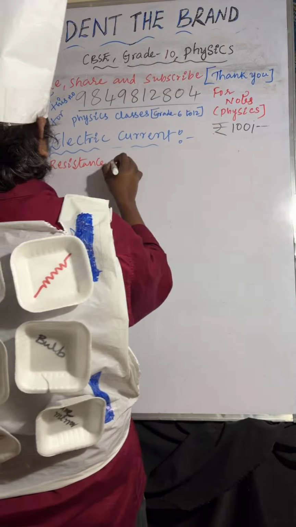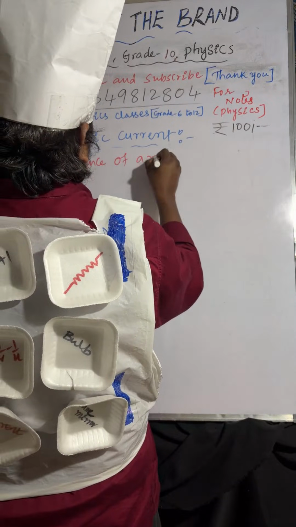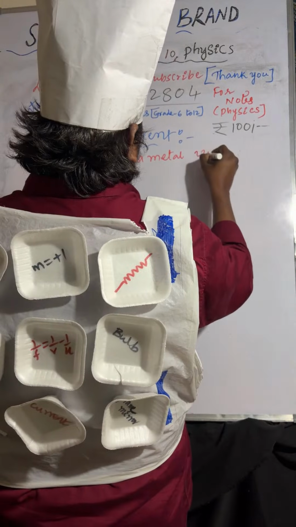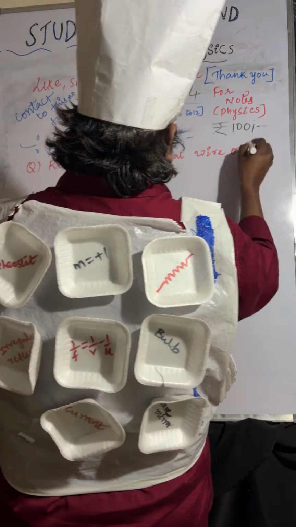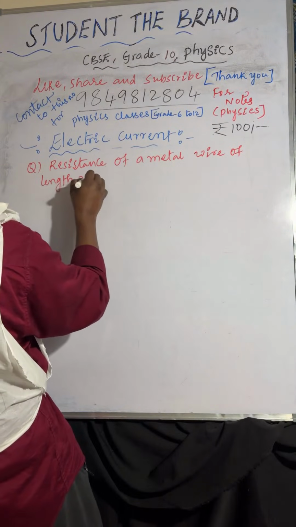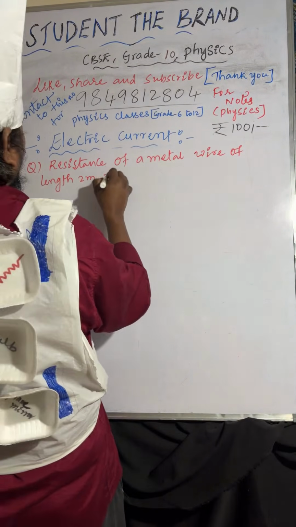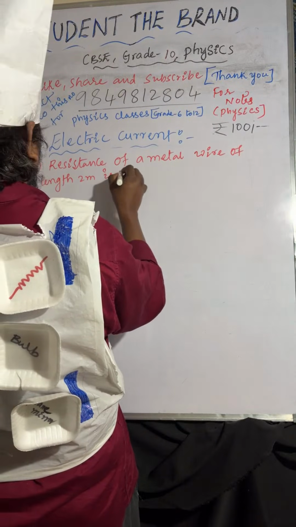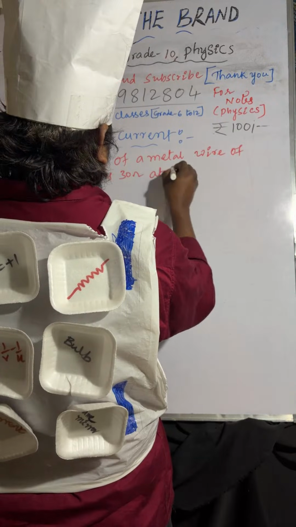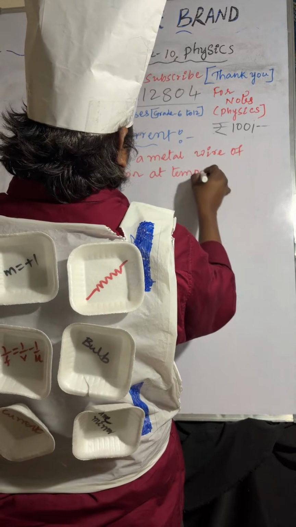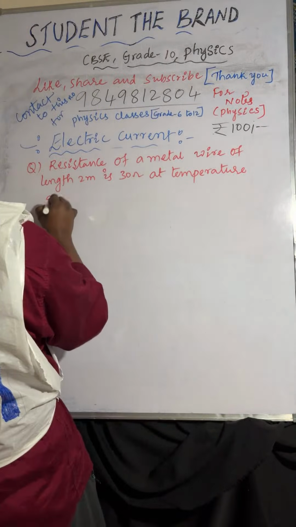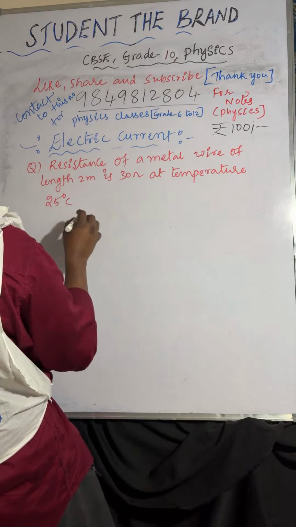So resistance of a metal wire of length 2 meter is 30 ohm at temperature 25 degrees centigrade.